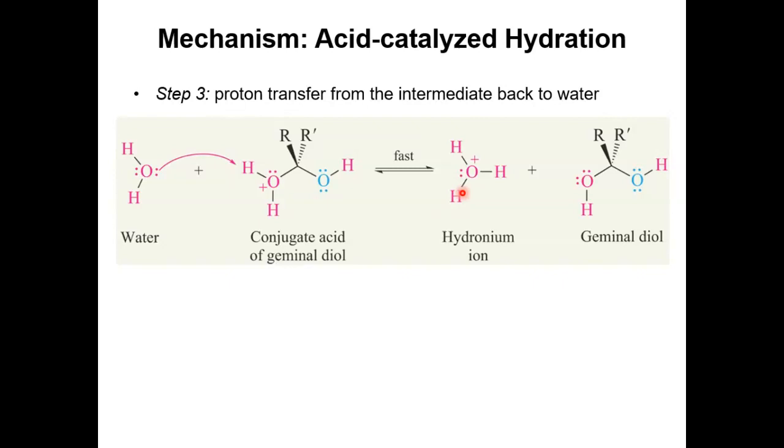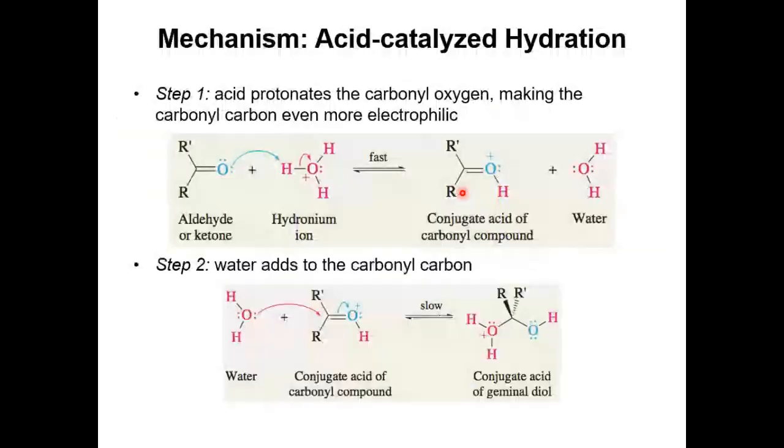The difference between base catalyzed hydration and acid catalyzed hydration is that base catalyzed hydration makes the reaction faster by providing a more powerful nucleophile. In acid catalyzed hydration, by protonating the carbonyl oxygen, we are generating a more powerful electrophile.